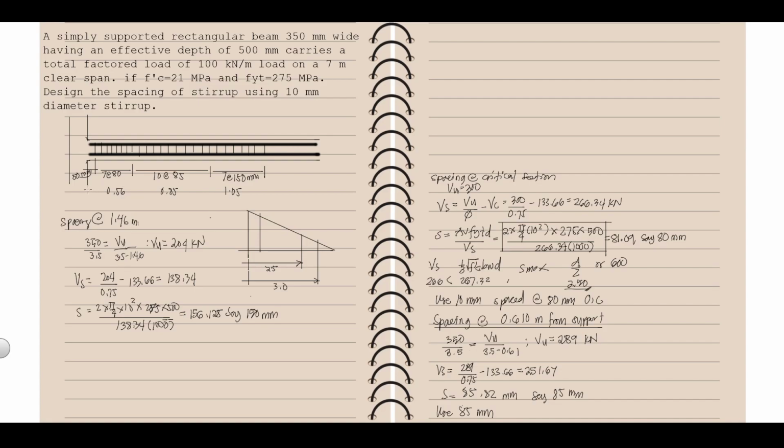Ang natira dito is 0.05. Yan. So, if you're going to total that, that is 0.05 plus 0.56 plus 0.85 plus 1.05, that is 2.51. Okay, so nasa 2.51.